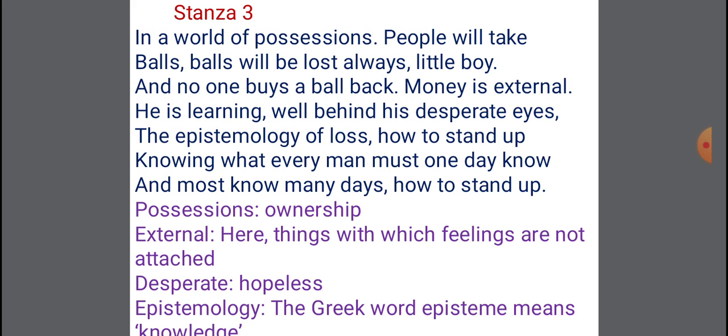Now, here the poet says that the boy has to learn that in this materialistic world, many of his belongings, things will be lost. He personifies the ball as his belongings, be it the worldly things or the relationships he is in possession of.